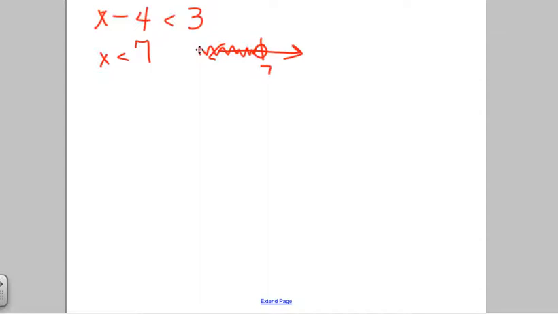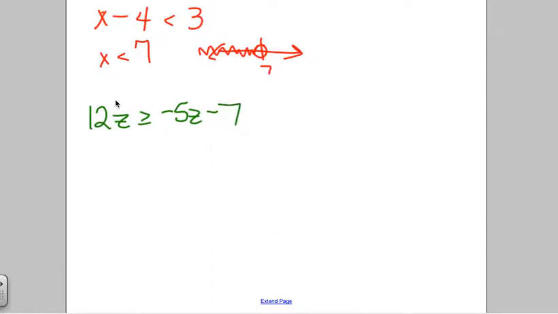Now what if I have a problem like this? If I have 12z greater than or equal to negative 5z minus 7.